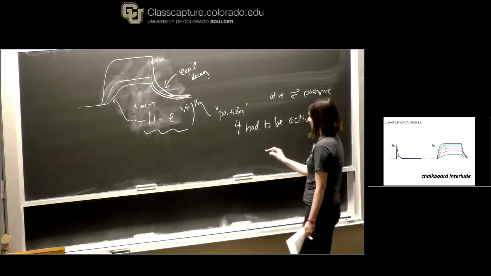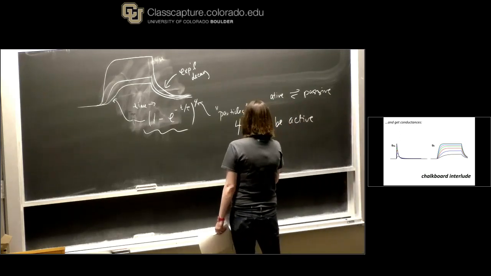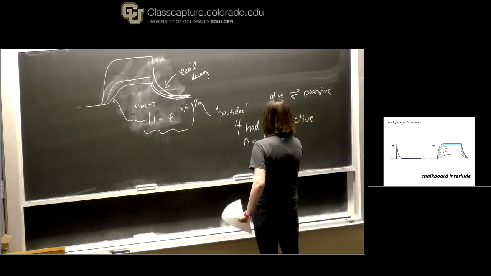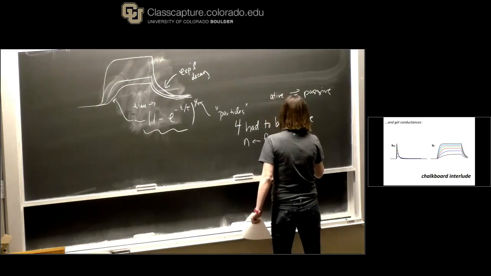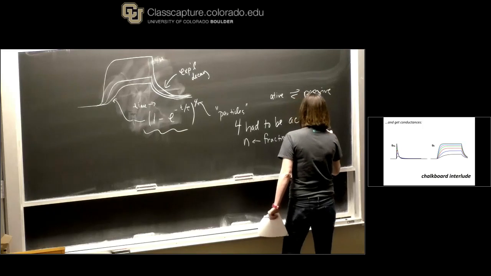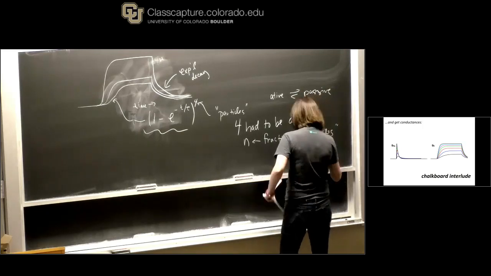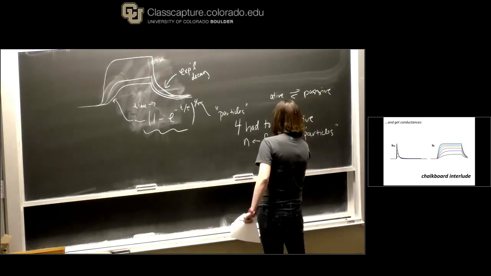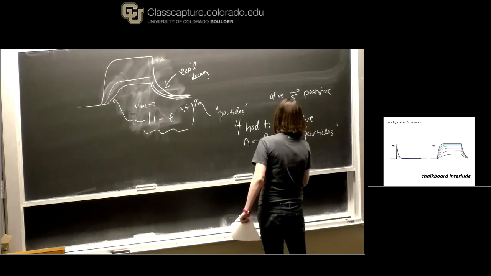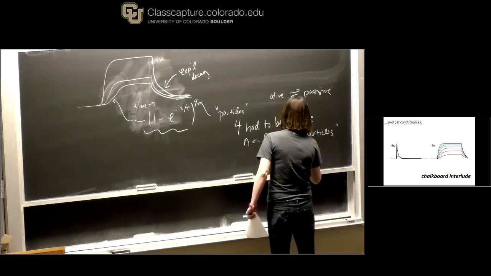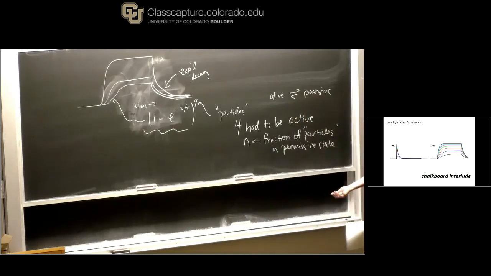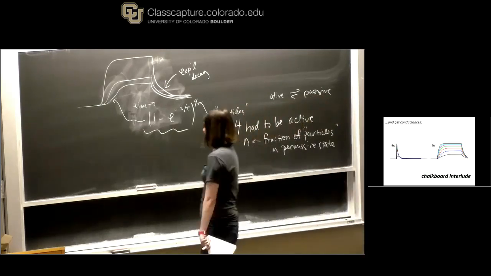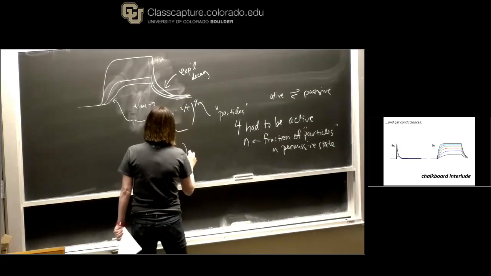So what they wrote down, they said n was the fraction of particles, they had no idea what these things were, particles in an active, or let's call it permissive, state. Active or permissive meaning you can allow potassium to flow through. And they just said that there was some dynamics.